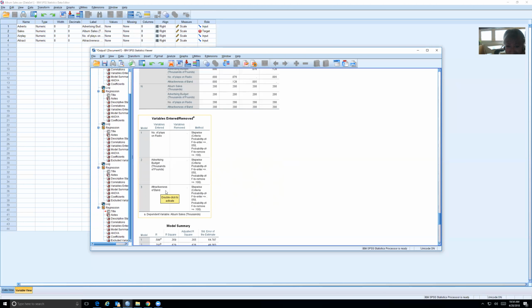Let's go ahead and add now the third highest correlation, attractiveness of the band. Our F is still less than 0.05, so this whole regression is significant, and we don't have to take anything out. It's possible that by the time we add number 2 and number 3, number 1 is no longer significant and we would have to take it out. So what I love about stepwise is it plays a little bit back and forth.